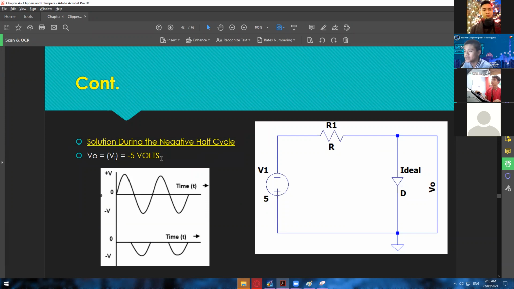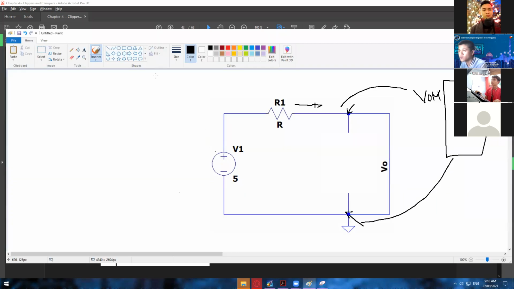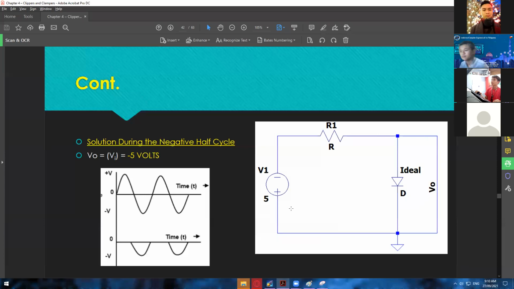Since this one is a negative half cycle, just interchange those two, and this one will become negative 5. So negative, positive. So we have here negative 5, and this one is negative, not positive. Okay. So are we clear on how we got this negative 5 volts reading?